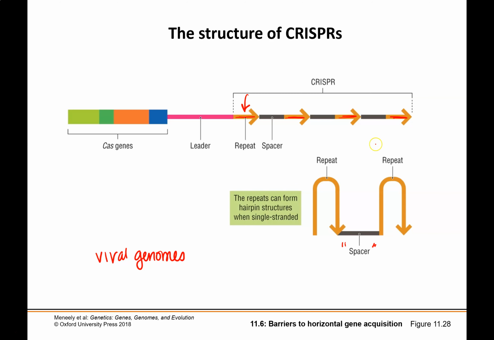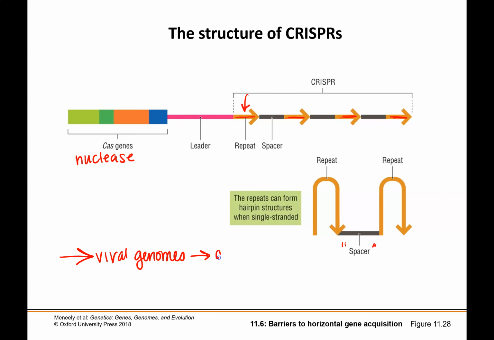And this CRISPR sequence is preceded by this group of Cas genes. So these Cas genes are generally nucleases, and a nuclease is an enzyme that cuts DNA. So essentially what's happening here is that this CRISPR system is going to recognize a viral genome.